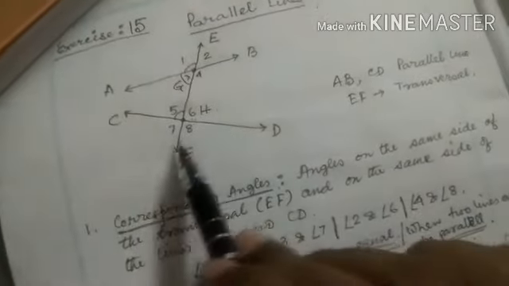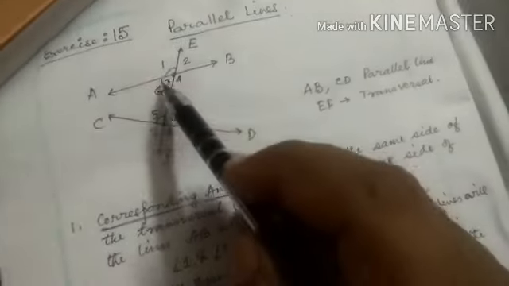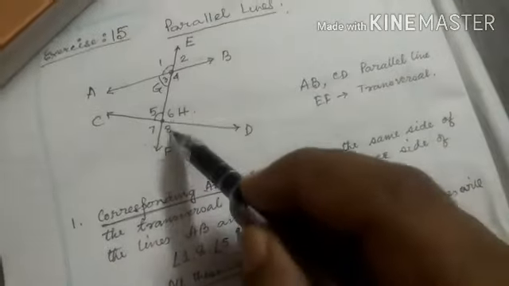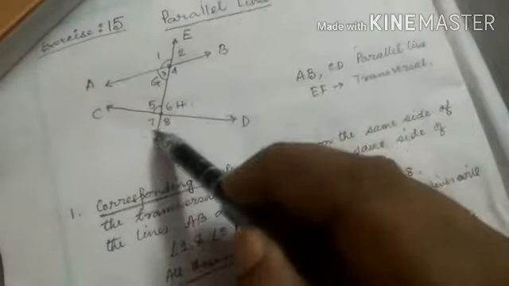All the angles in these regions are called alternate exterior angles. Here angle 1 and angle 8 are alternate exterior angles, angle 2 and 7 are alternate exterior angles.